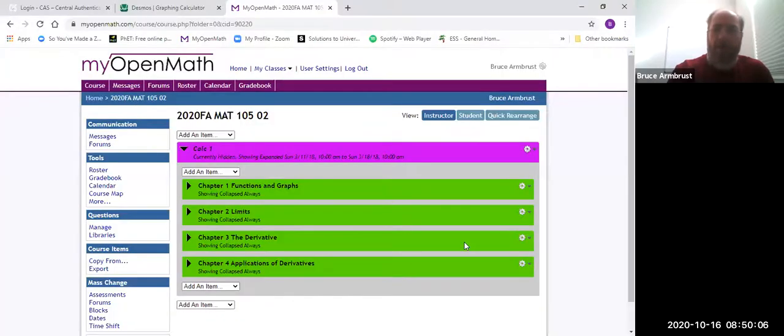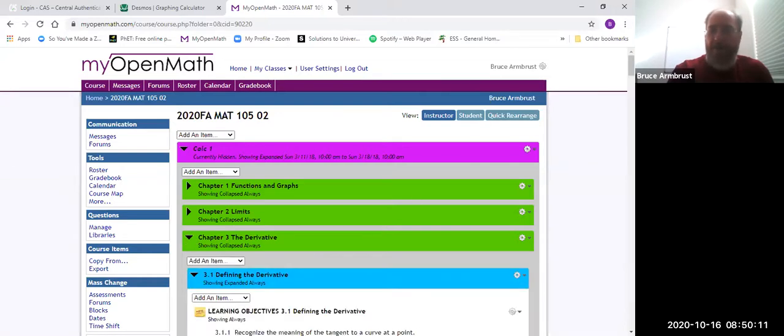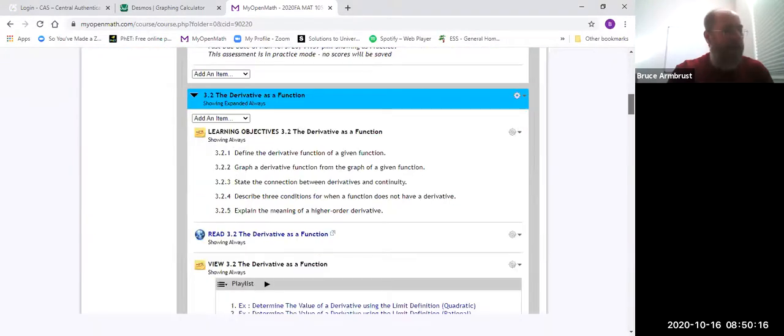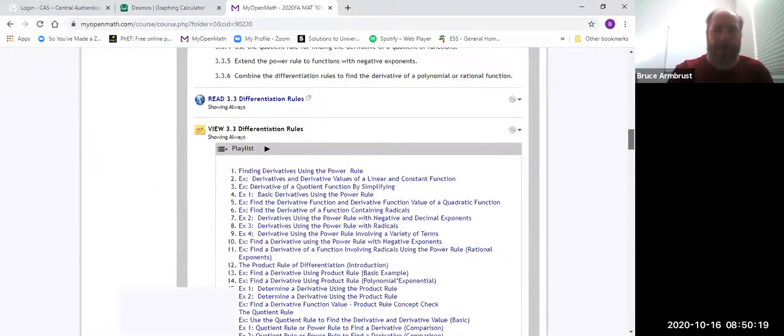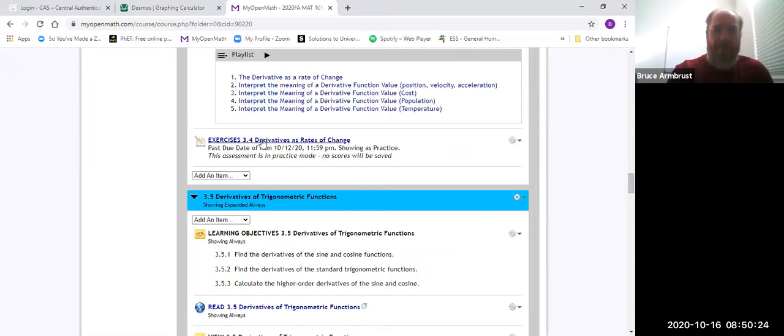All right, so let me go ahead and share my screen again. Okay, so I'm showing you, we're getting here a different way. If you look at my screen, you go, holy cow, that doesn't look like Canvas. You're right. It is not Canvas. This is my open math, which is what makes your homework assignments. I just happen to have this one up and ready.